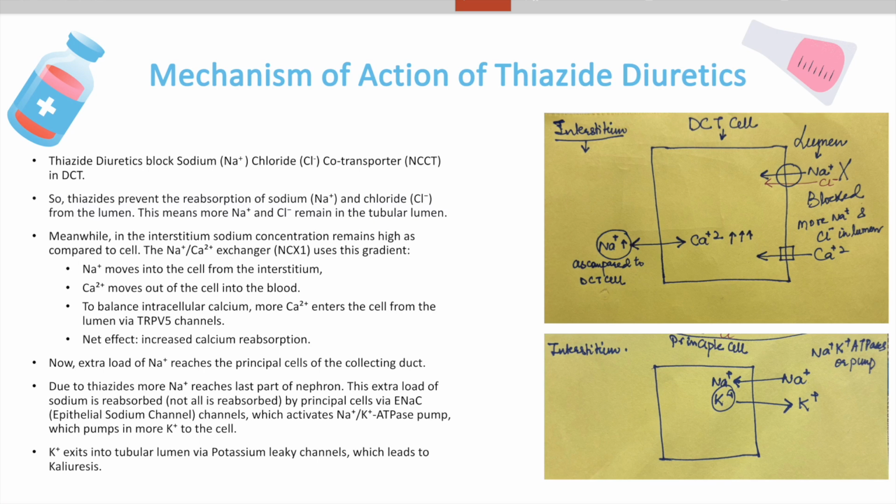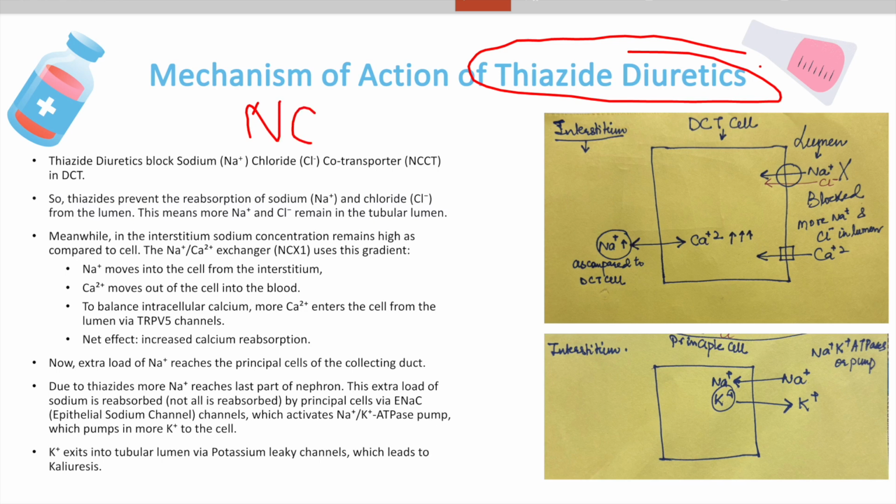What these thiazide diuretics do is block the NCCT, the sodium chloride cotransporter. Once this cotransporter is blocked, more sodium and more chloride will remain in the lumen because reabsorption is now blocked.